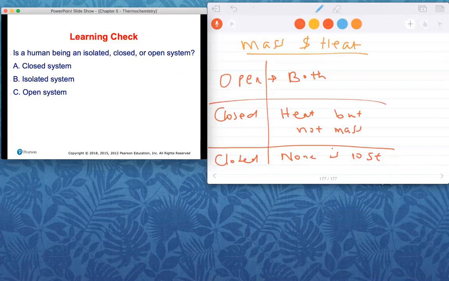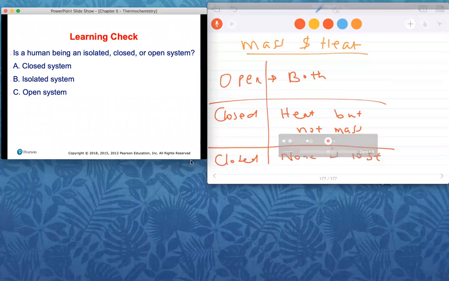You don't lose weight just like that unless maybe somebody is sick, or you really work out for it, and then you're going to lose weight. But I don't think a human being will lose weight just like that, to say mass is reducing. So I don't think mass will change. So the only thing is heat will be lost, but not mass. It will be closed. So you're right, Jennifer.